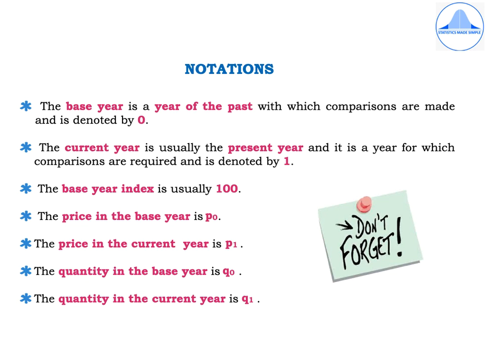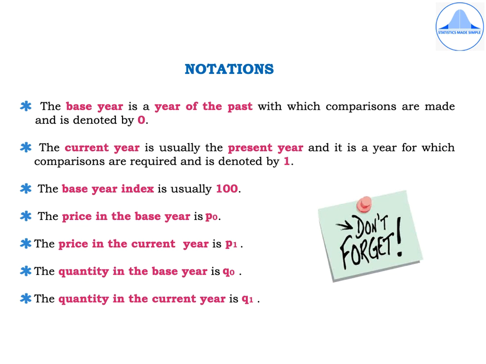Let us now learn some of the important terminologies and notations which will be used throughout the index number chapter. You will come across the words base year and current year. The base year is a year of the past with which comparisons are made and is denoted by 0.